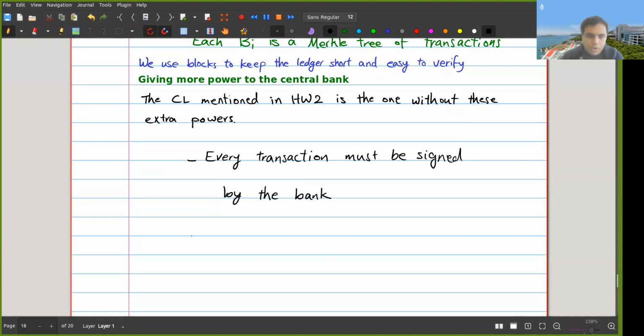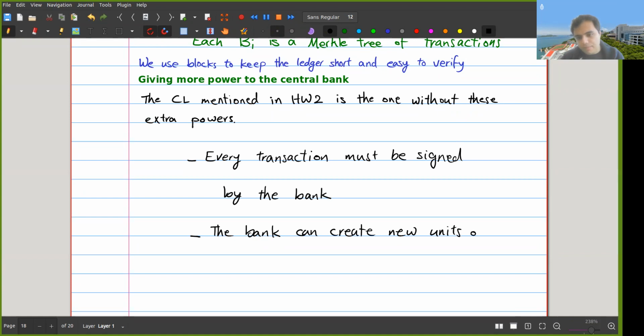Or another power that we can give to the bank is that we can say the bank can print money. So the bank can create new units of currency. What would this look like?